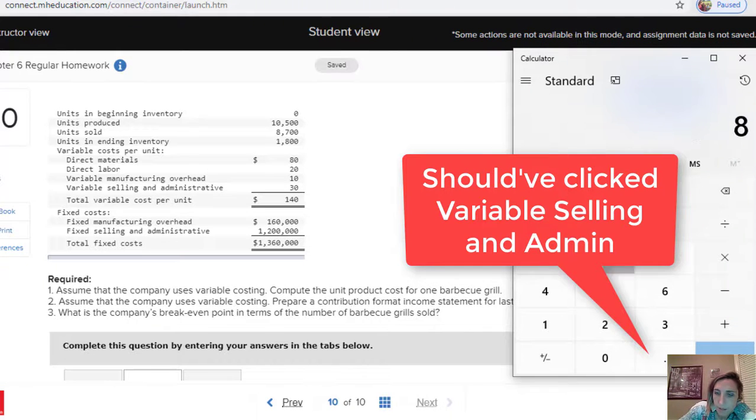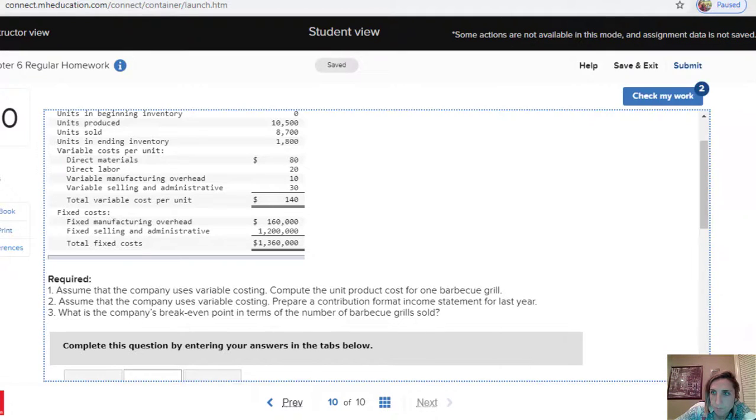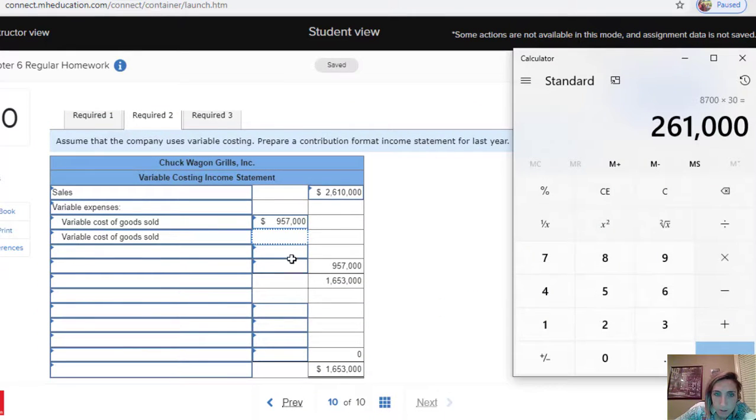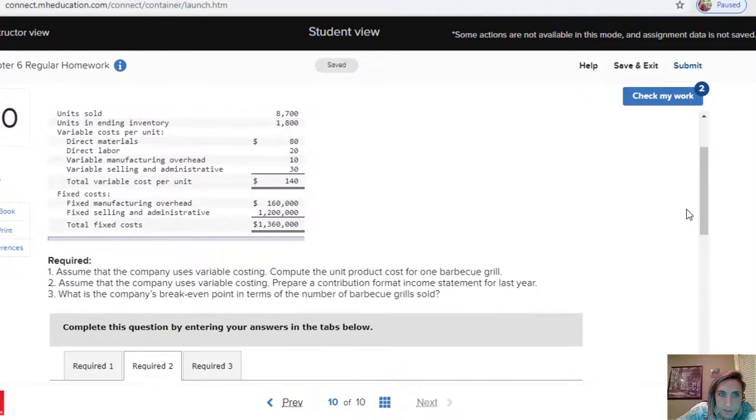We'll multiply that by the number of units that they have sold. They sold 8,700 units in my problem. So I'm going to enter the amount of variable selling cost here, and it automatically calculates the total variable cost for me. I don't see anything else listed up here as variable.